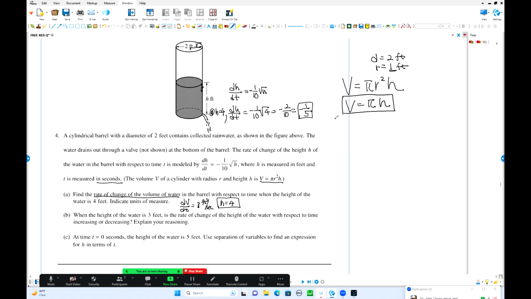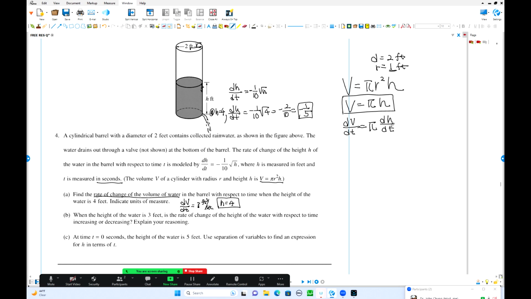This is the primary equation between volume and height. Now take the derivative with respect to time: dV/dt. Pi is a constant, and h is a function of time, so dV/dt equals pi times dh/dt.